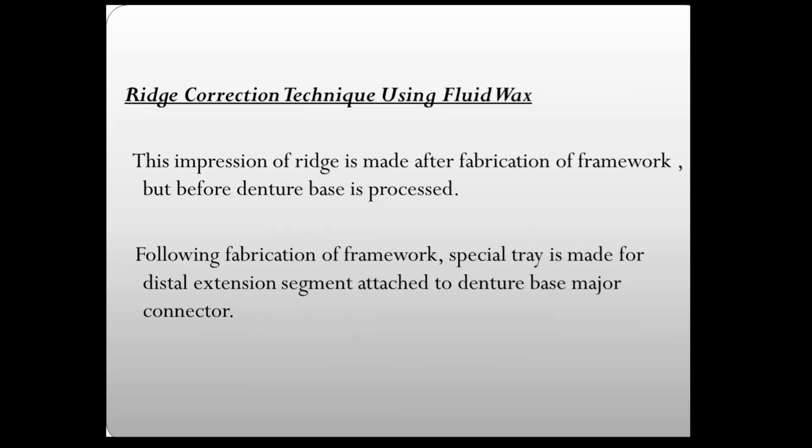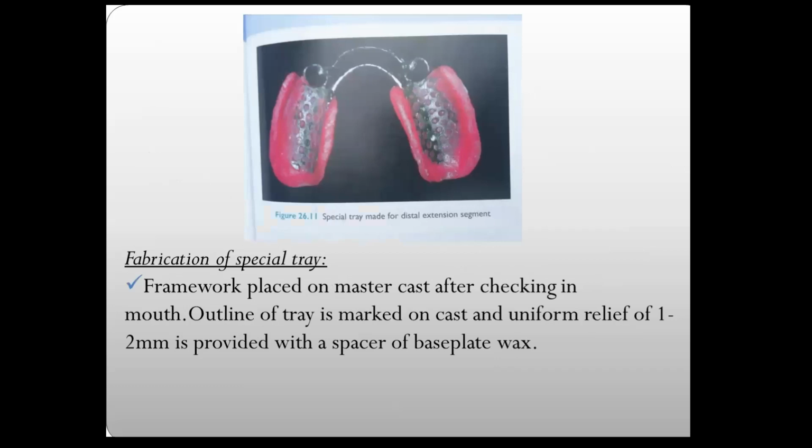So once you are finished with your framework, just try that in the patient's mouth, and we will be fabricating a special tray on the distal extension area, attached to the denture base minor connector. So once the extensions are checked, we place that on the master cast, and an outline is marked on the cast for the extension of the special tray.